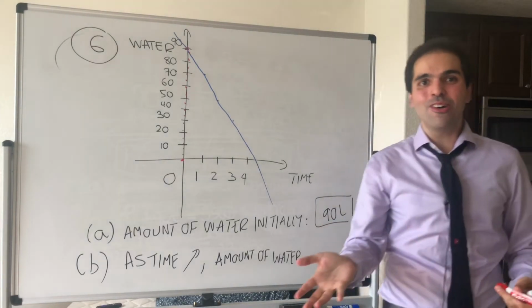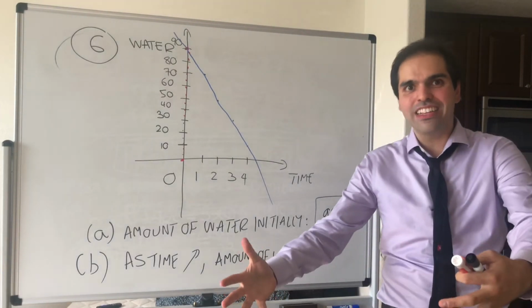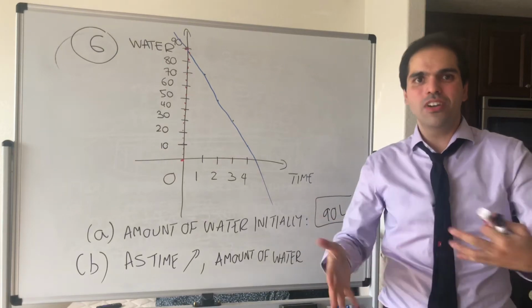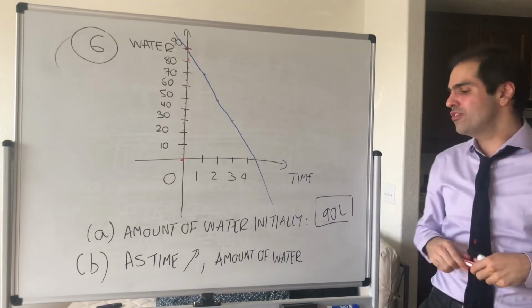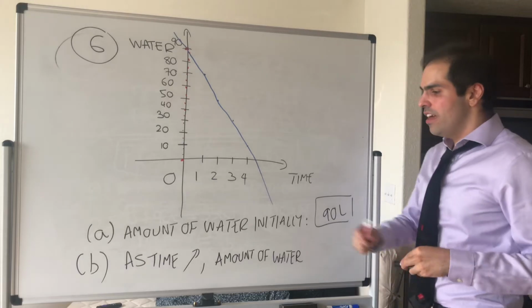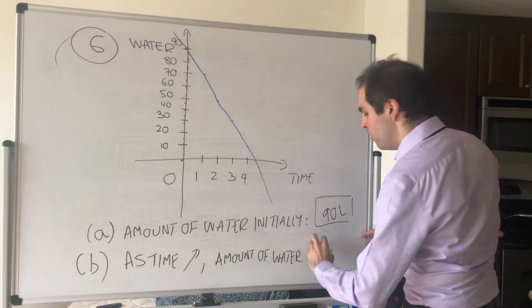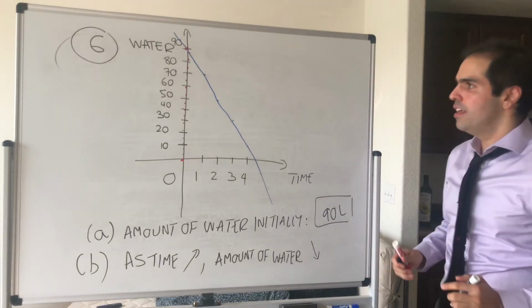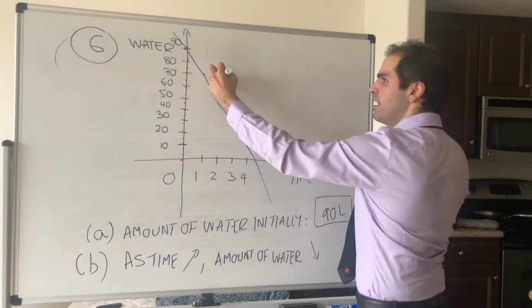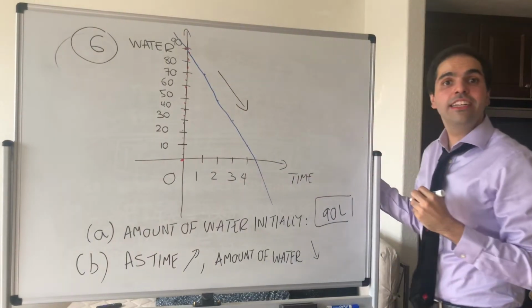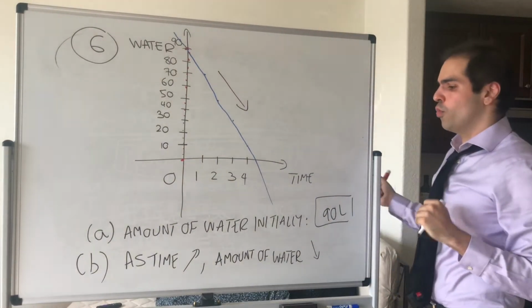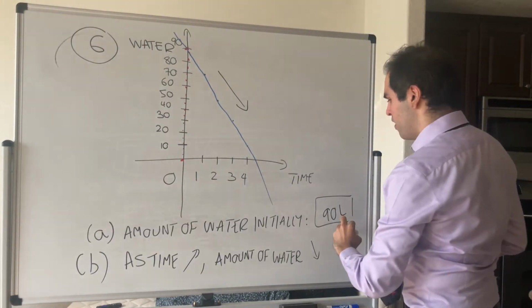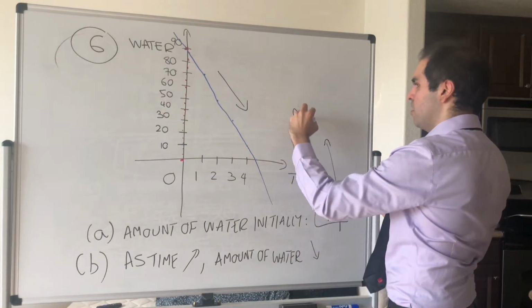So as time goes on, I hope that there's less water. Otherwise, it wouldn't be draining. Otherwise, it would be adding water. So in fact, in this case, the amount of water decreases. And how do we know this? Because this line is going down. It's sloping downwards.